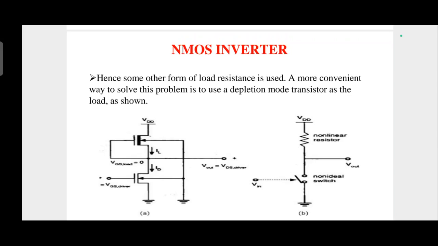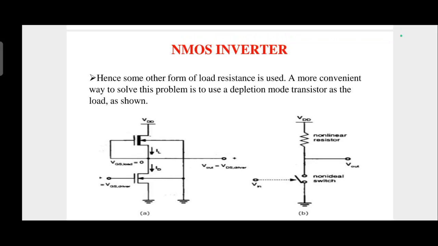Here the construction of the NMOS inverter with the help of enhancement as well as depletion mode transistors is shown. The enhancement device will act as a non-ideal switch. That means whenever it is fed with complete low logic, it is completely open, and whenever it is fed with high voltage, it completely turns on.